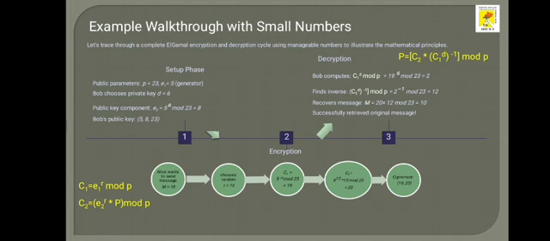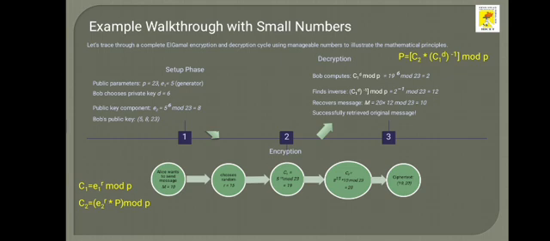C2 formula is E2 power R into P, that is the original message, mod P. So here E2 is equal to 8 and R is equal to 15, and the original value of P is equal to 10. So 8 power 15 into 10 mod 23. If we calculate this, we'll get 20. So the ciphertext is equal to 19, 20.